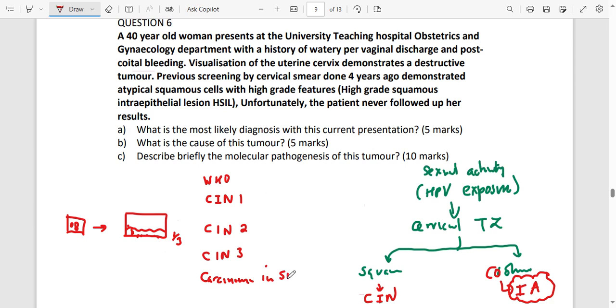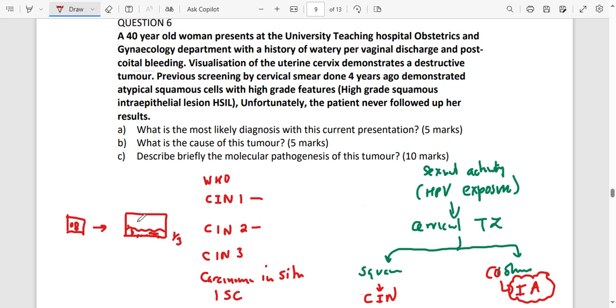After the carcinoma in situ, that's when someone is going to have the actual invasive squamous cell carcinoma. So CIN1, cervical intraepithelial neoplasm 1, is where the only cells that are affected are the basal one third. And then cervical intraepithelial neoplasia type 2.